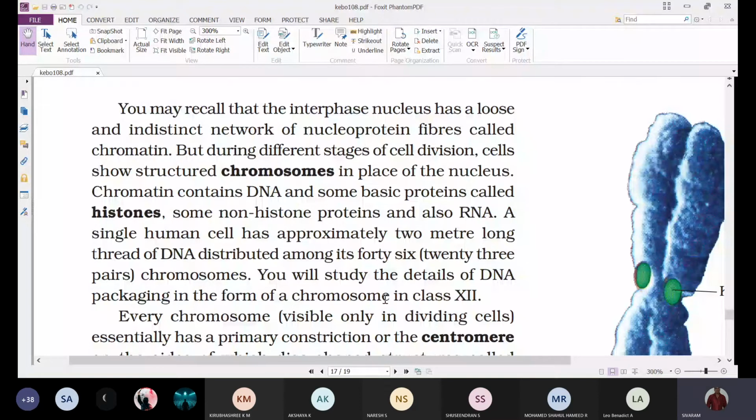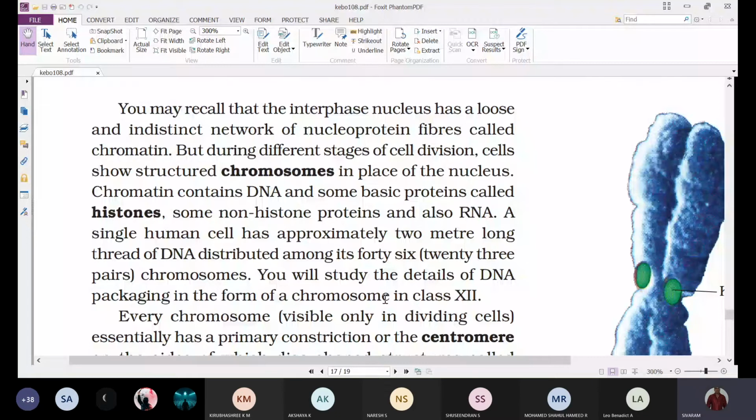The cell loses its nuclear membrane, and the chromatin material is condensed and broken down into the respective chromosomes. So in place of the nucleus, we find chromosomes formed from the chromatin material, and these are distinctly observed during cell division.